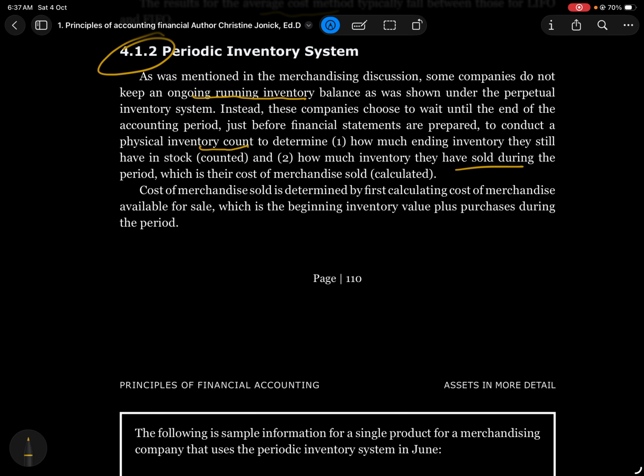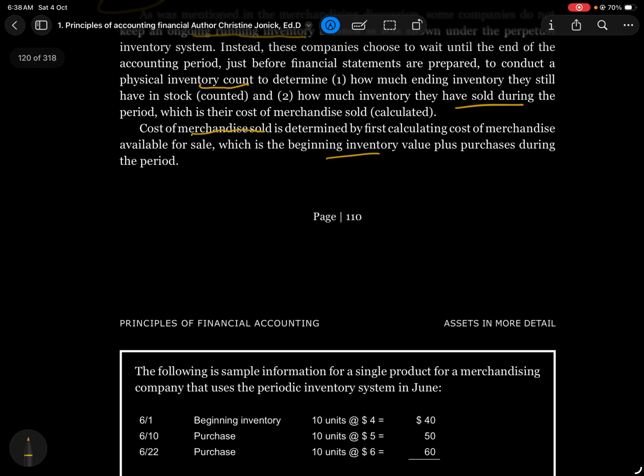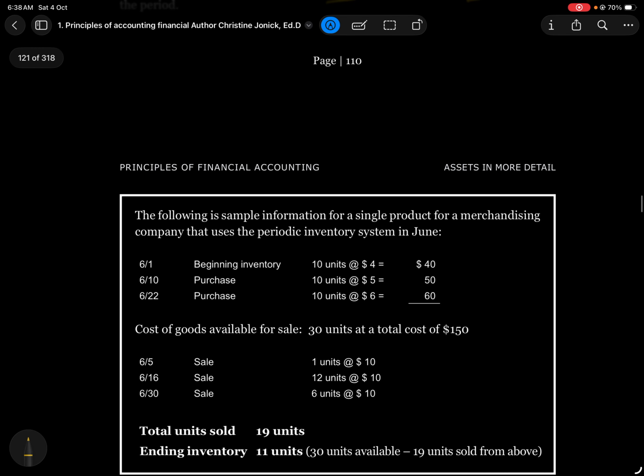So cost of merchandise sold is first calculated by using beginning inventory plus purchases during the period, right? We have our beginning inventory, and we purchased $50 and $60.